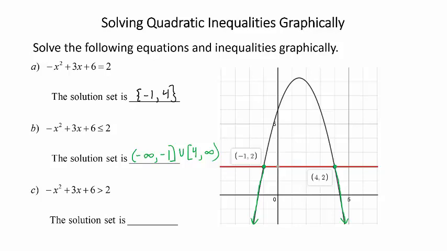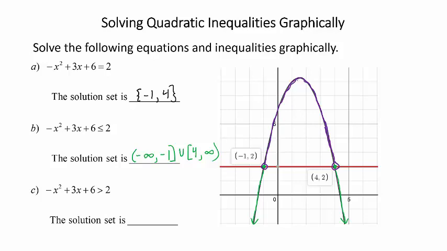Since it's strictly greater than, I'm going to attempt to put open dots here in purple so we identify by color what we're talking about here. And anything above, so all of the pieces of this parabola that lie above, I'm going to shade here in purple, above the line y equal to 2. I'll try to make that really clear there. Does that make sense?